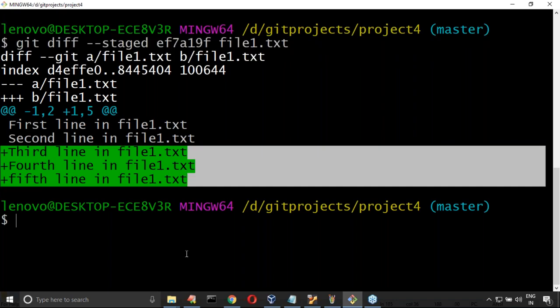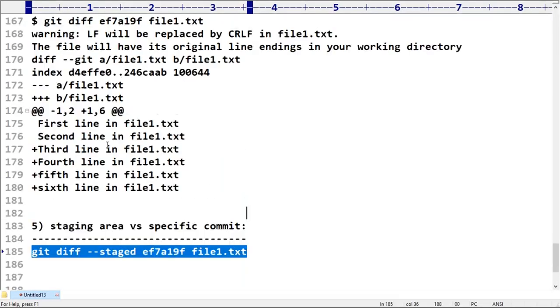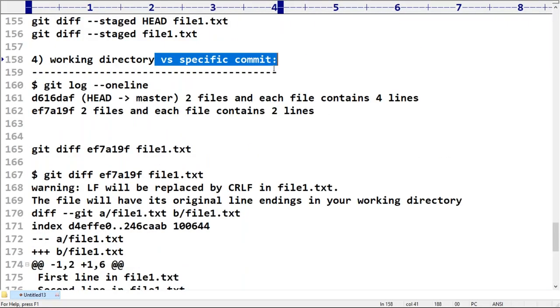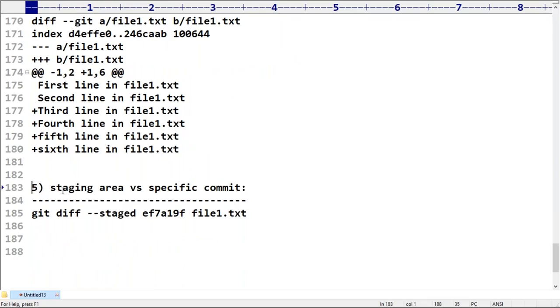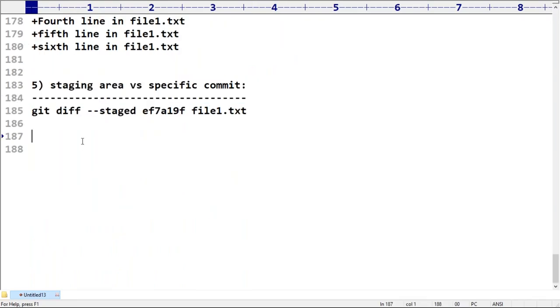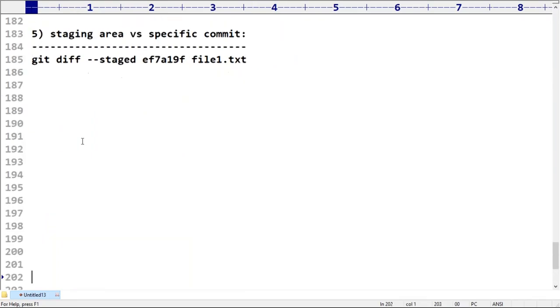So that was working copy with a specific commit, and next, staged copy with a specific commit. Next, the sixth one, sir. Observe carefully. Now my requirement is to compare between specified commits: first commit and second commit, or first commit and third commit, or first commit and fifth commit.